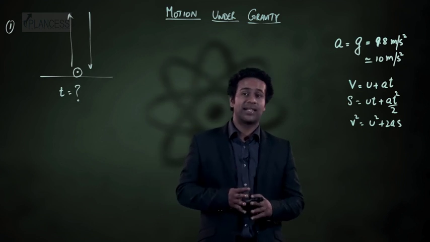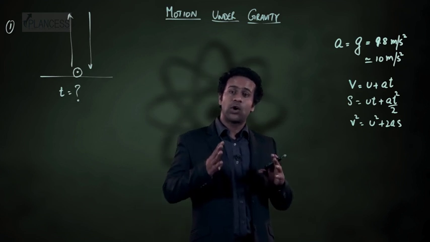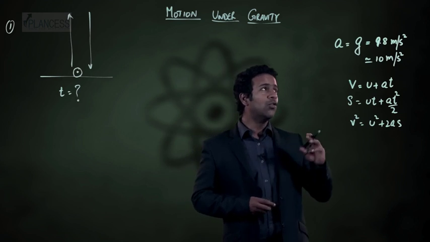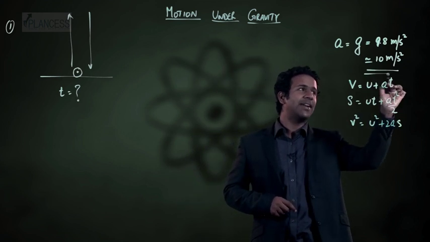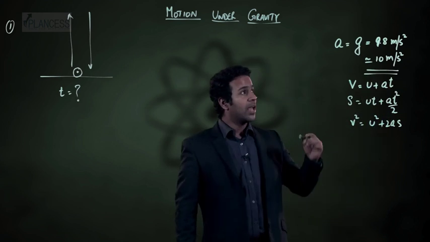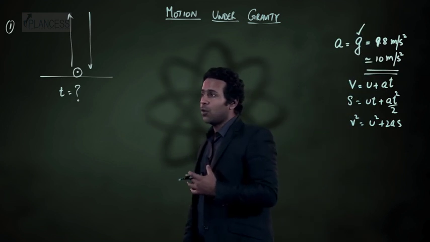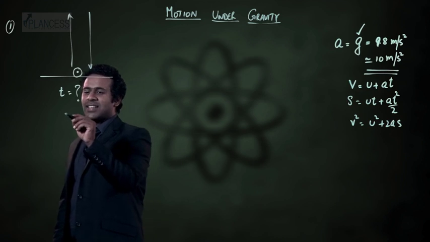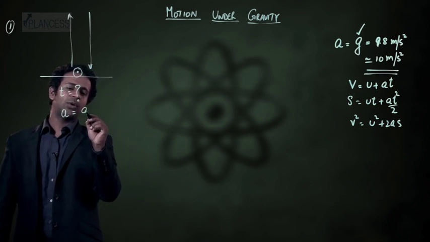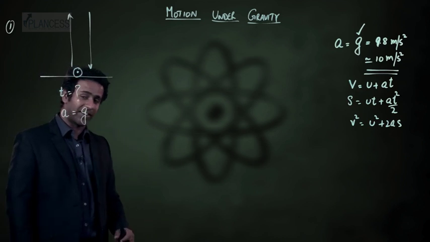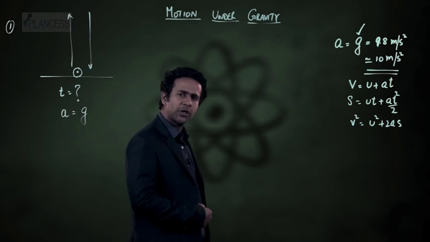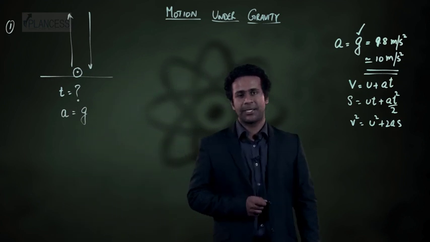And we know that the gravitational force will cause the ball to move with an acceleration of 10 meter per second square. Let's first use the general symbol g. So this ball has an acceleration which is equal to the acceleration due to gravity. So first of all, we know acceleration.